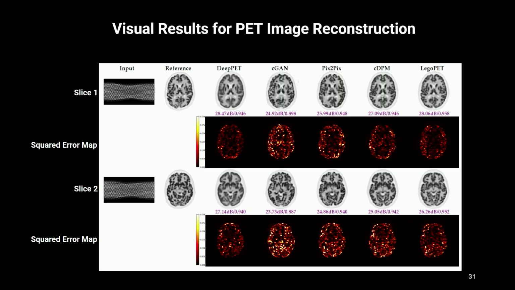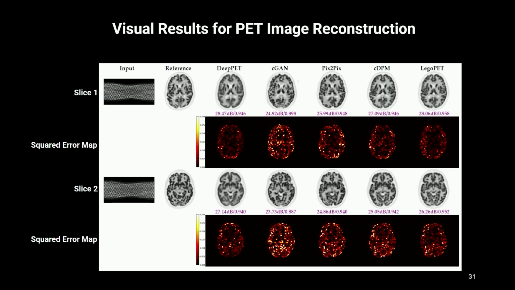We show our visual results here with 2 example slices with side-by-side comparison with the 4 baselines. The first column shows the input sinogram, and the second column shows the reference images reconstructed by the OSEM.